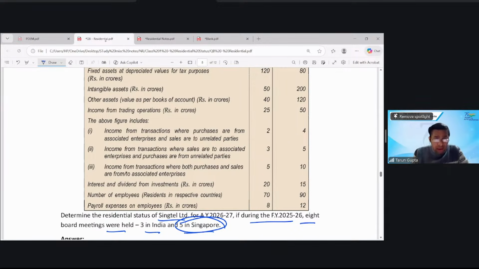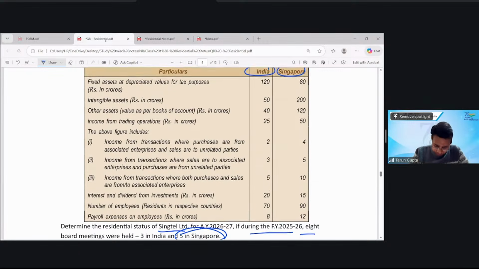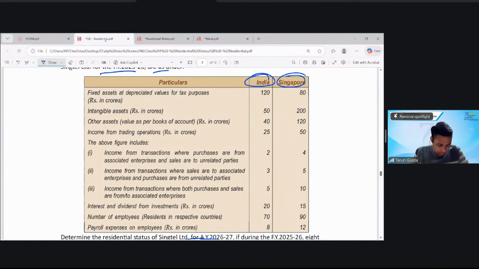But if the active business is in India, then I have to see where the decisions are actually being taken. First, let's see where the active business is. Then we can go ahead. So, 4 conditions. First is passive income. So, the figures of income are here.